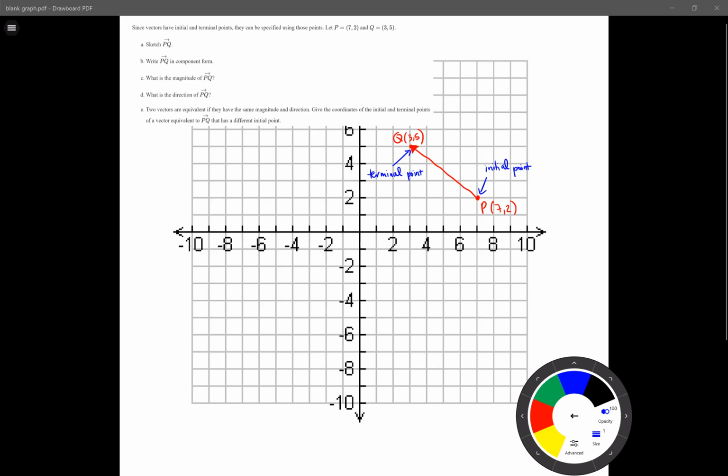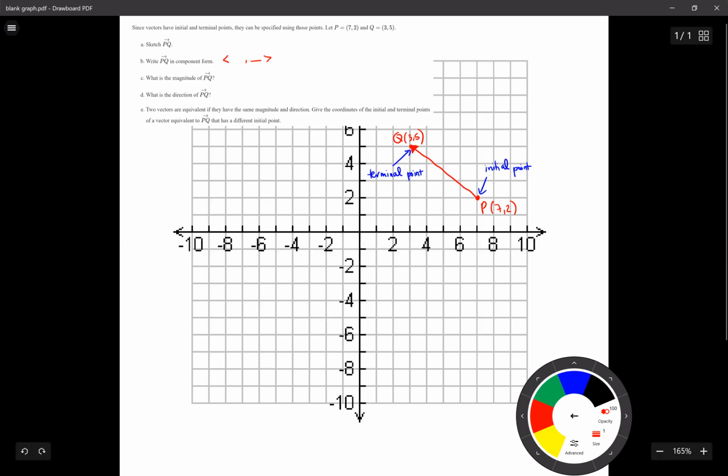Anyway, we just have the numbers 3 and 4 for sure, right? But we don't know which one is the right one. Yes, I agree, it looks like coordinates. However, we use pointy brackets to denote the component form of a vector. So I agree with those of you who gave me the form with a pointy bracket, a number, comma, a number, and a pointy bracket. All right, so that fills out the blank right there.